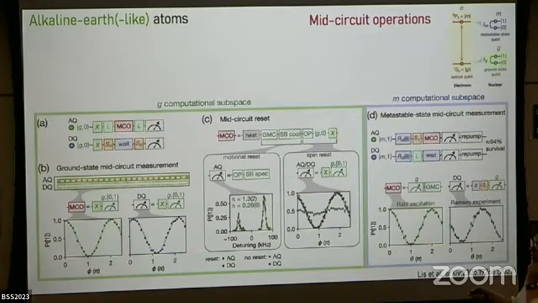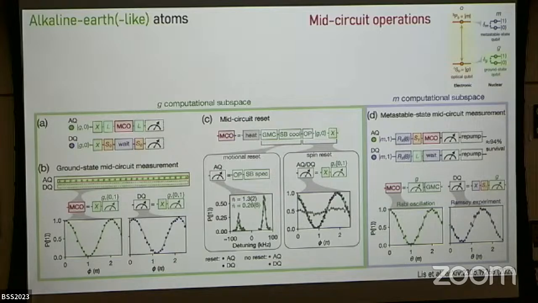I just showed you that they did mid-circuit readouts of atoms in the ground state, but you can also do a mid-circuit reset, which means in the middle of your quantum circuit, you can decide to cool and reinitialize your ancilla qubits, for example, which is something that you might want to do.